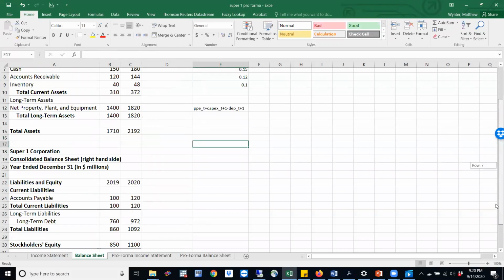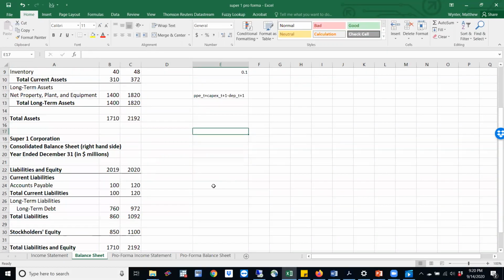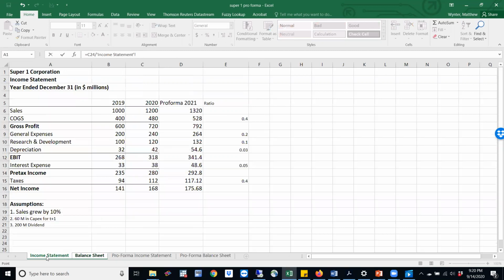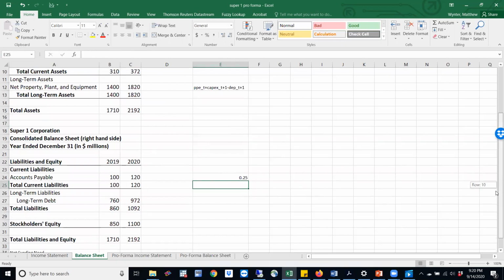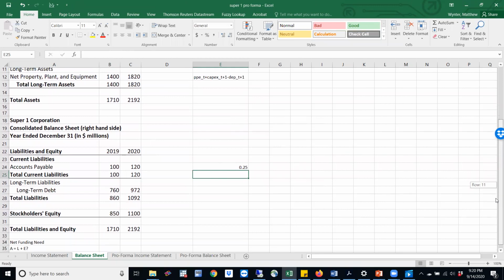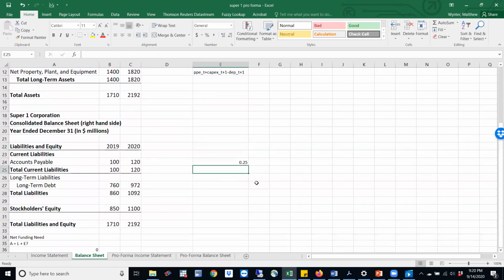We have our accounts payable, which are going to be a fixed portion of the cost of goods sold. And then we have our long-term debt, which we're going to assume is unchanged.